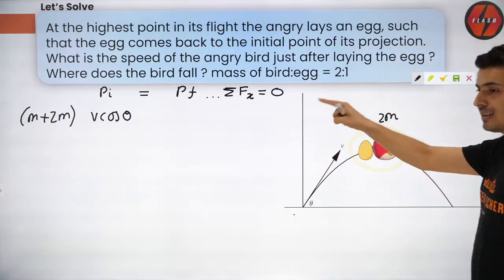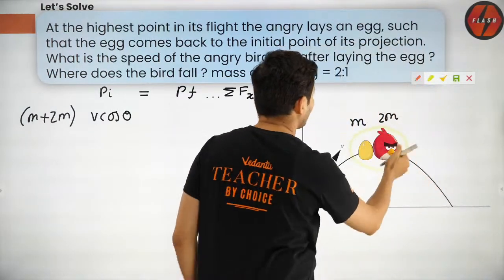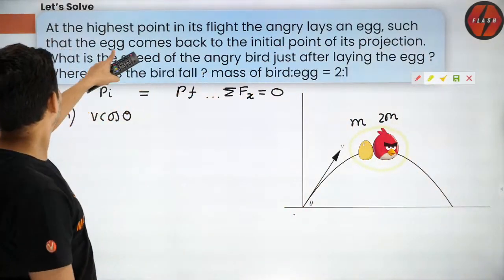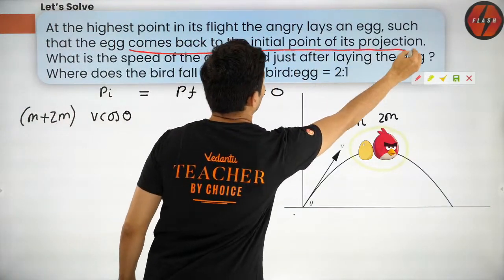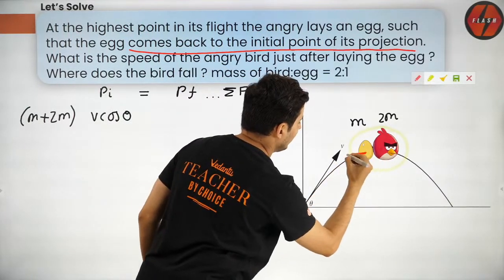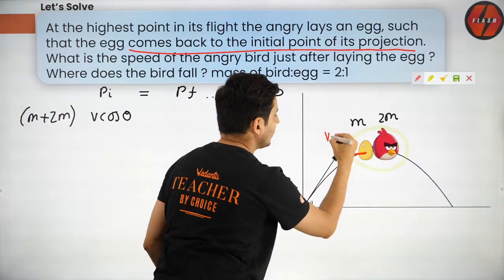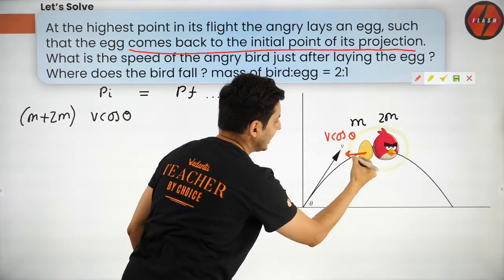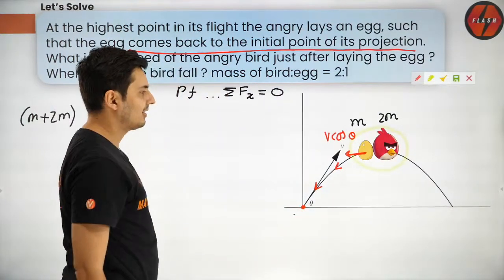Now, if this is clear, what is the momentum after this? Here is the logic. Because it is given that the egg comes back to the initial point of its projection, that means it comes like this. That means the egg's velocity is just reversed and it is now v cos theta, so that it comes back along this path to the original point.